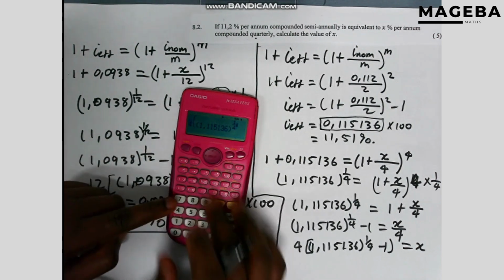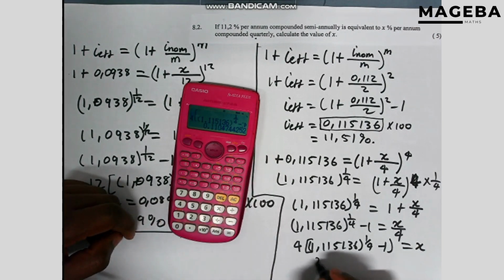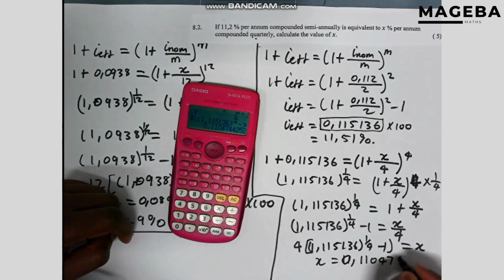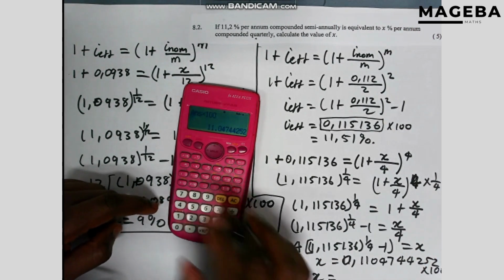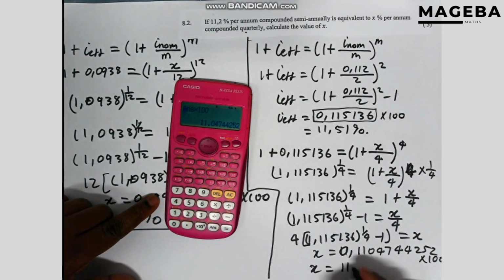It's 0.11047442 52, and then we times this by 100, then our x is now 11.05. Then this is our percentage. I hope you understand between the two questions, because the question paper can be tricky between these two.